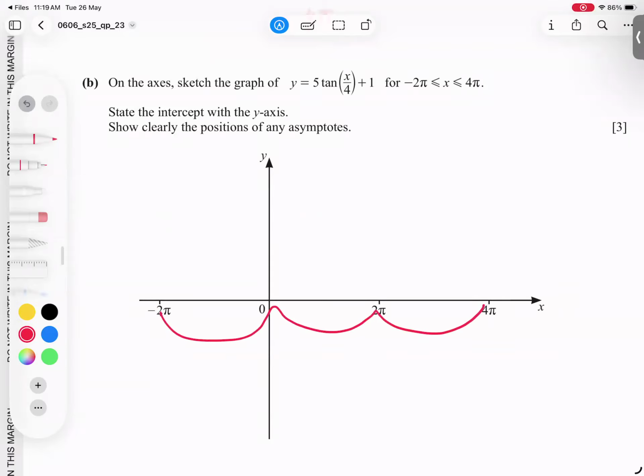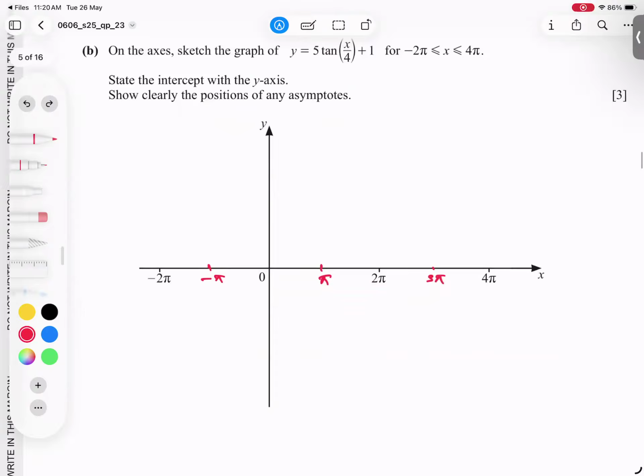But to make a more accurate diagram, in the middle of these we have a pi. In the middle we have a 3 pi. In the middle we have negative pi. And if we simply substitute these values there, we'll get our answer.